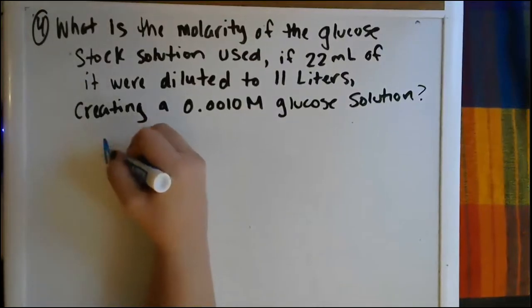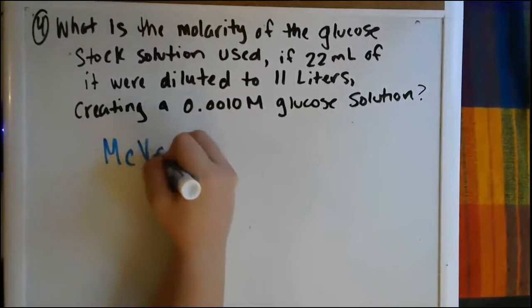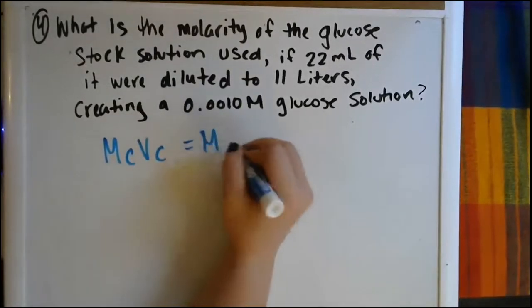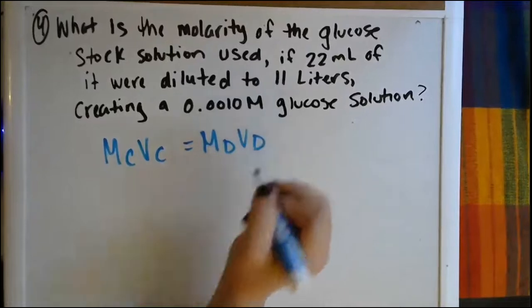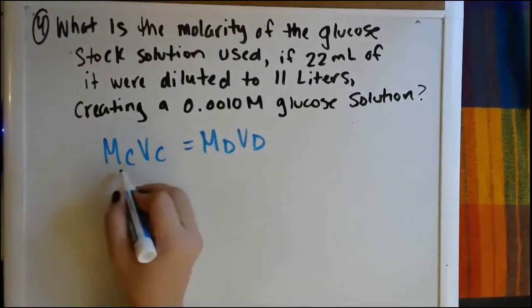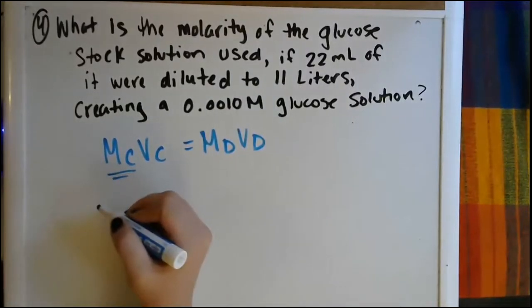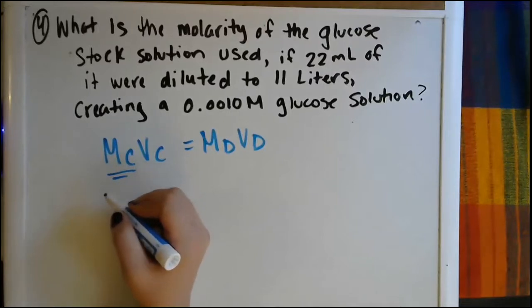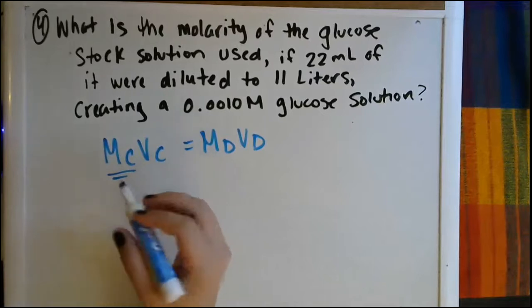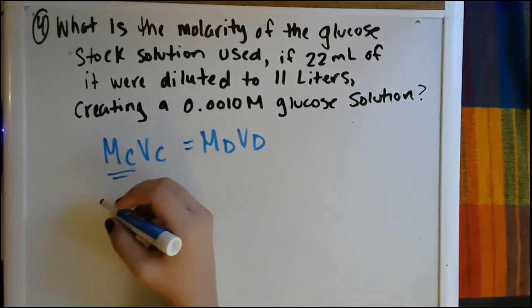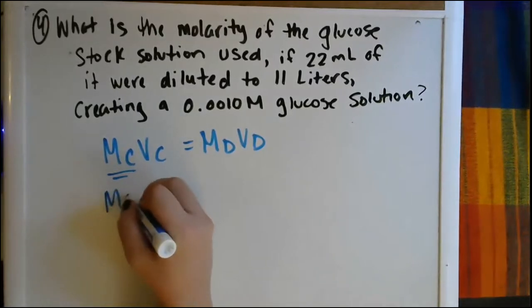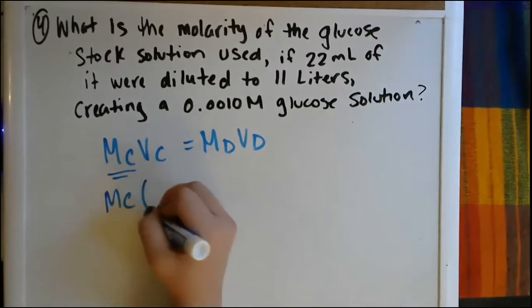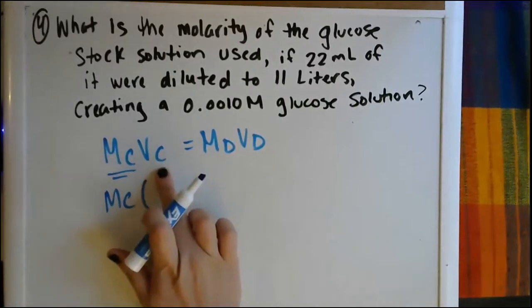Okay, so we're going to start by organizing. Right, so in this case, for the first time, the molarity of the concentrated solution is my unknown here. I know everything else. So I'm going to plug in what I know: my concentrated volume is 22 milliliters.